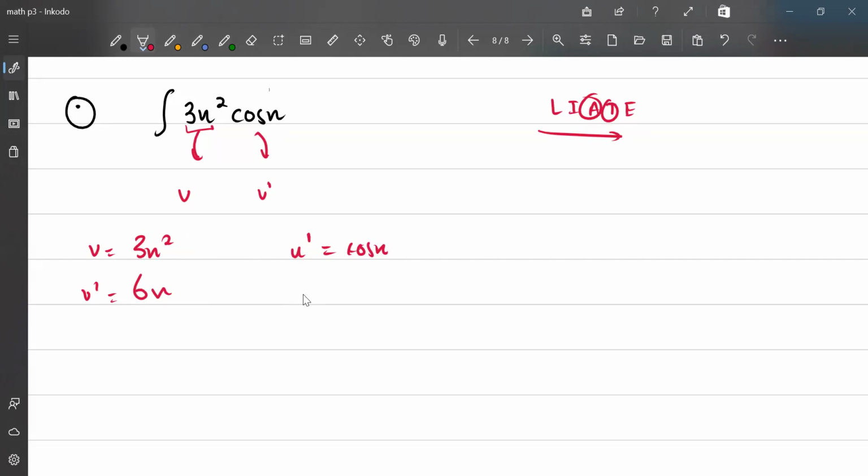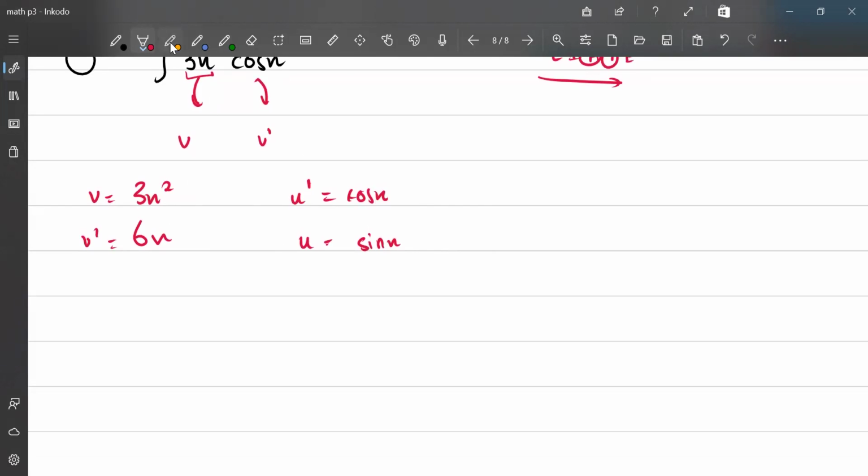And the integral of cos x is sin x, right? Now just apply the formula, which is vu minus integral of u v dash.